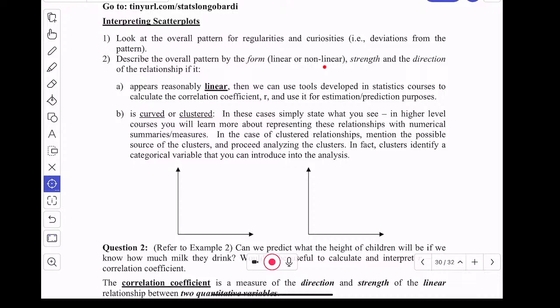And we'll talk about what we mean by that. And what is the strength and direction of the relationship? If it appears linear, then we can use the tools developed in statistics courses to calculate the correlation R and use it for estimation and prediction purposes. So I'll talk about what all this is.